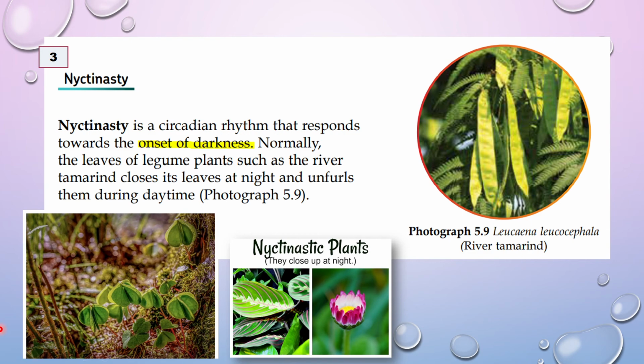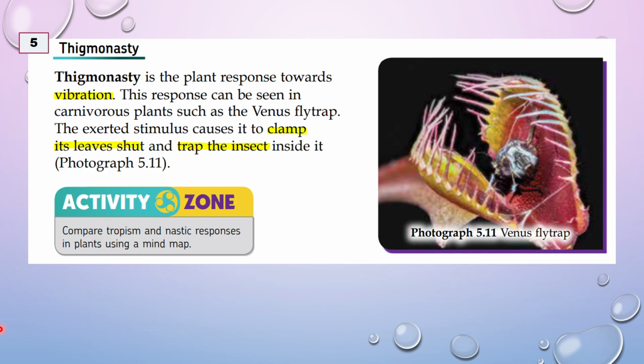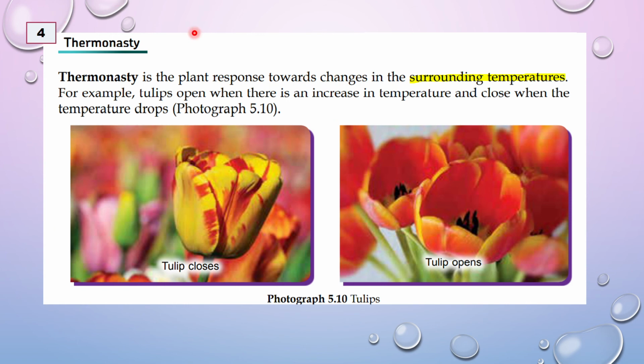The fourth nastic response is the plant's response towards changes in the surrounding temperature. Thermo comes from the word thermal, which means heat. When heat is present, the temperature is higher as compared to when there is not much heat.